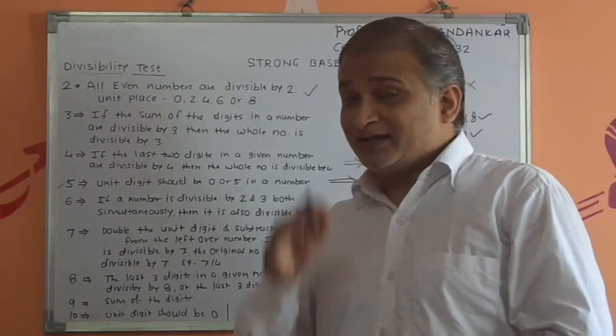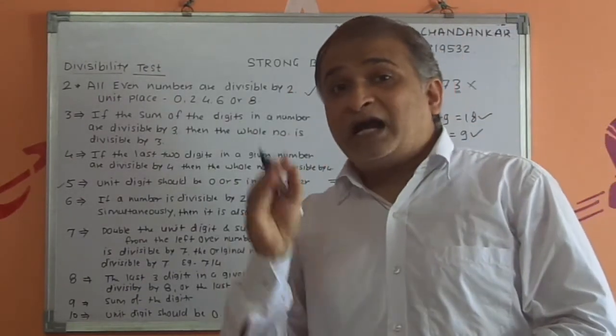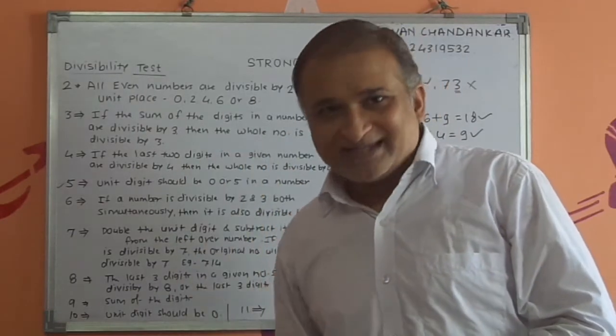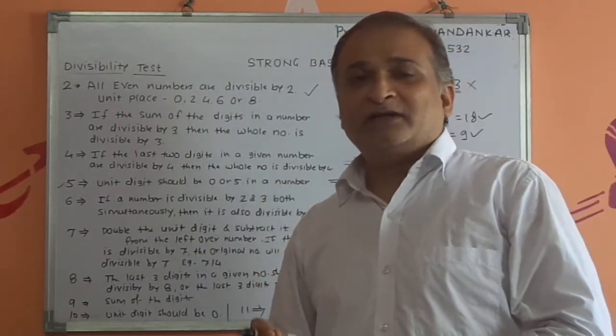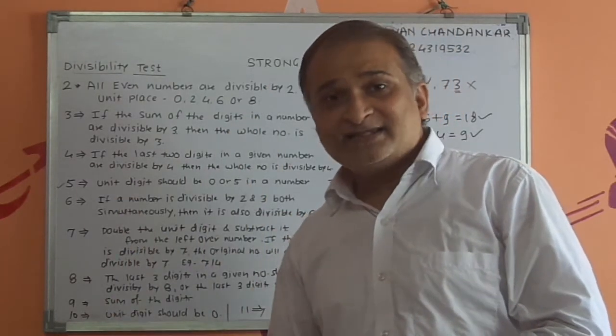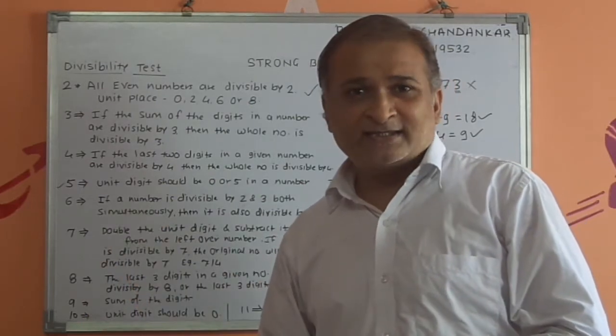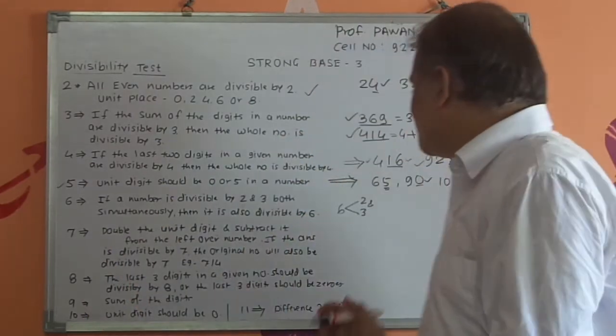Yes, no? So the test is that the number should get divisible by 2 and 3 both simultaneously. Only then will it be divisible by 6.